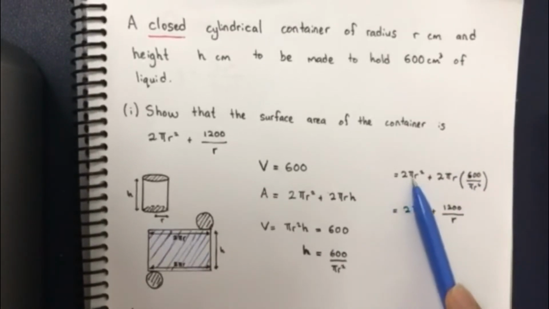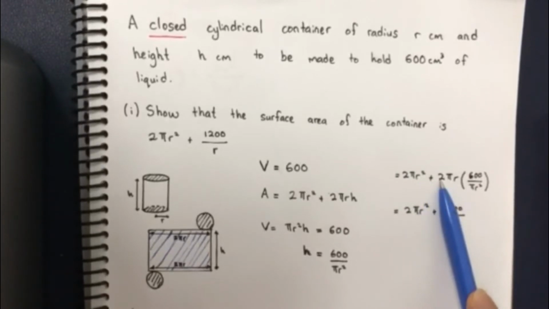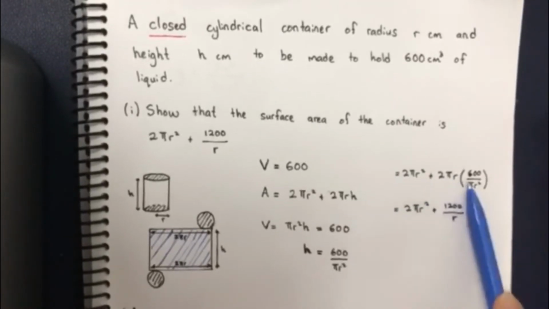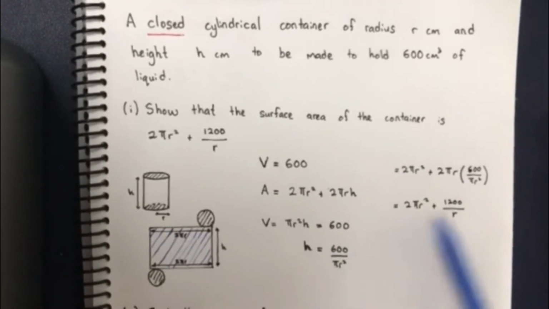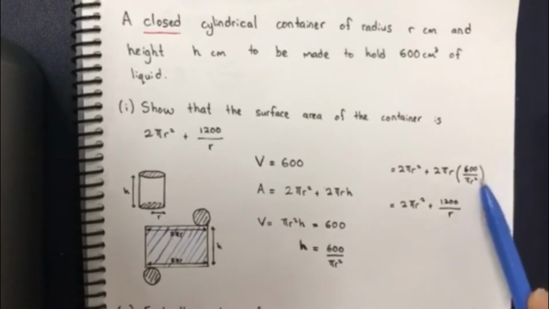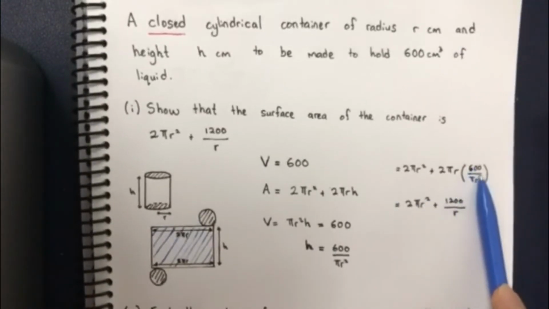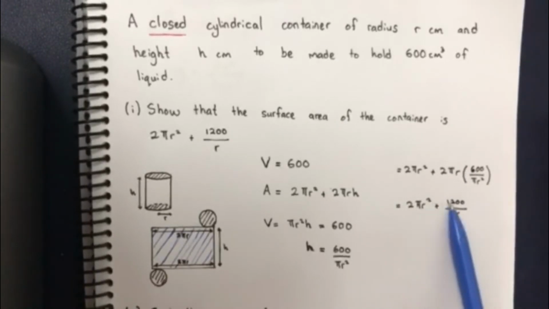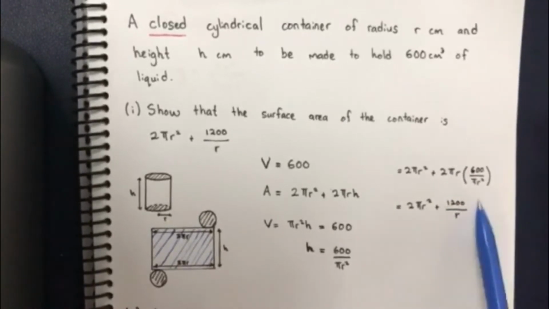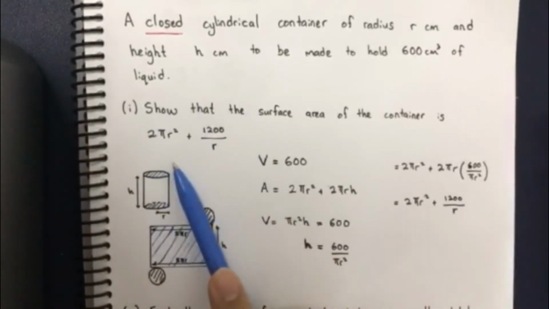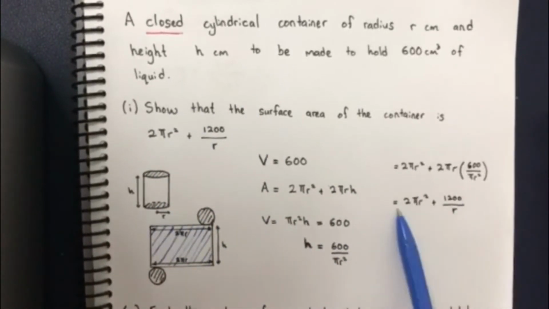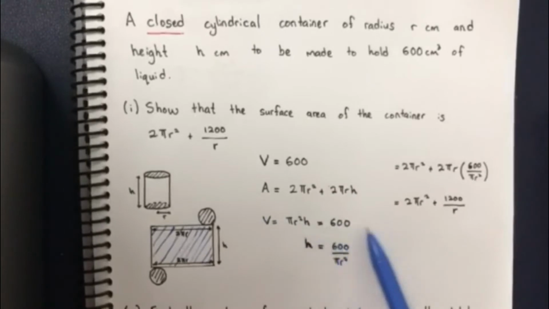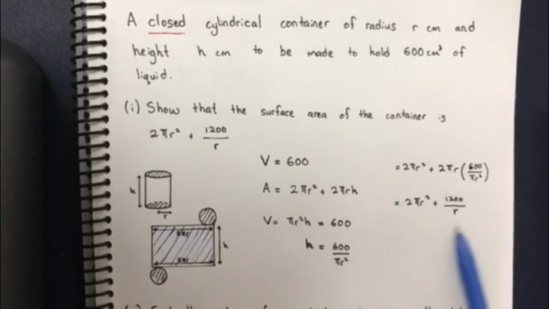So 2 pi r square plus 2 pi r times h, where h is 600 over pi r square, equals 2 pi r square plus 1200 over r, which is this one.